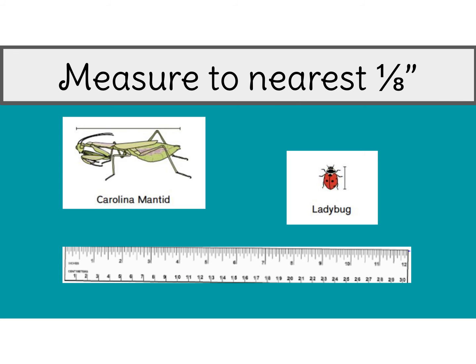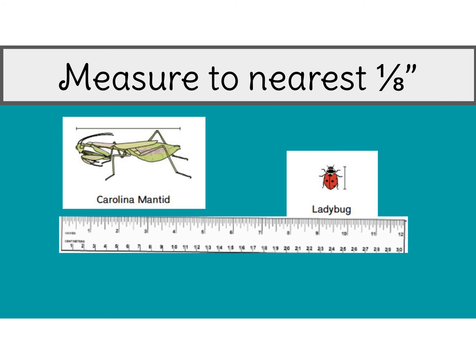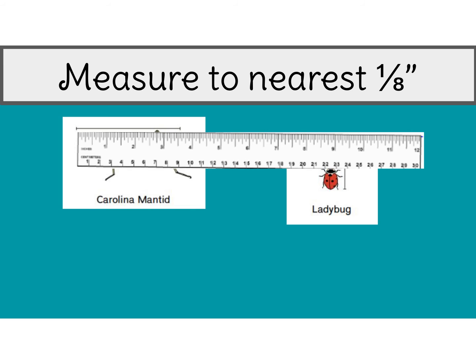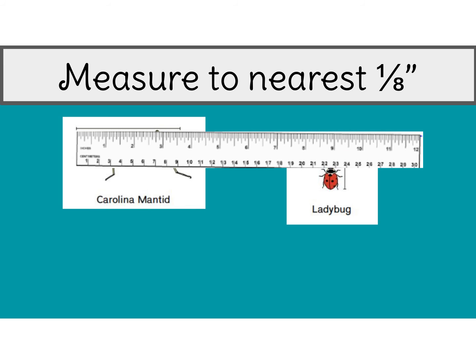So basically you're going to take your ruler and move it to line up with that particular line segment, and you're going to measure to the nearest 1/8 of an inch. I want you to take a look at this particular insect, and I know some of those marks are a little blurry and hard to see, but just do the best that you can. Pause your video and write down what you think the measurement's going to be.